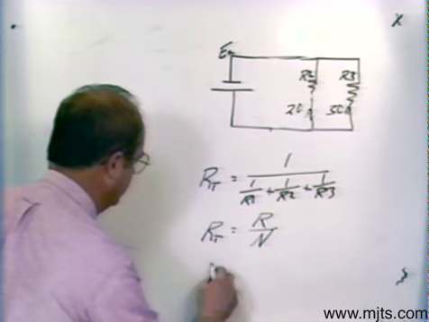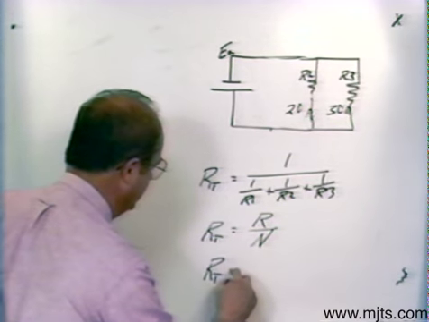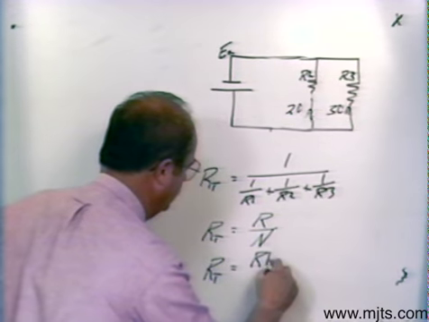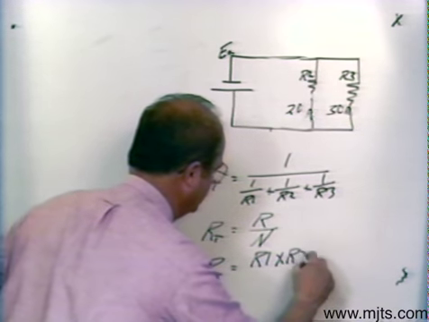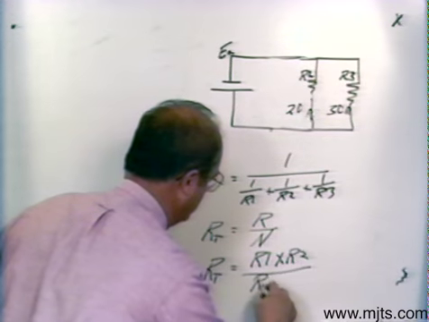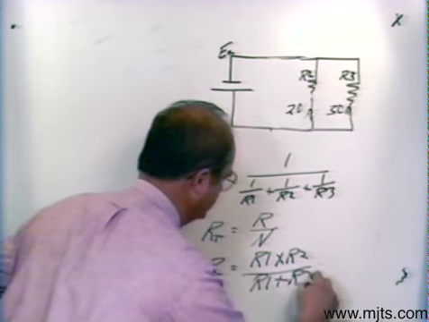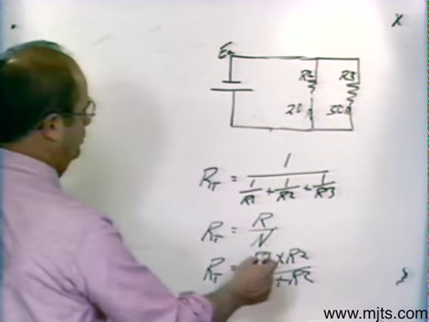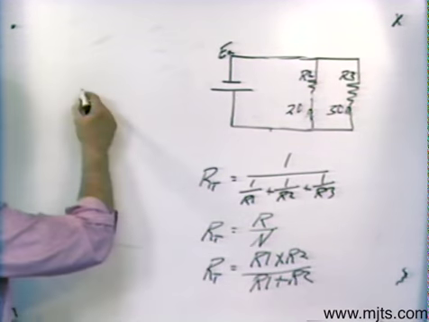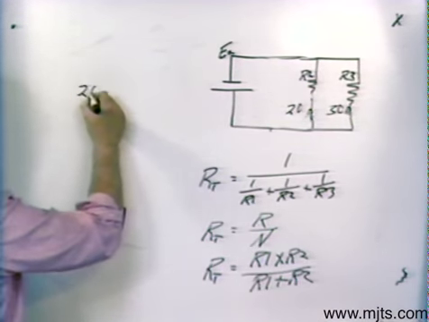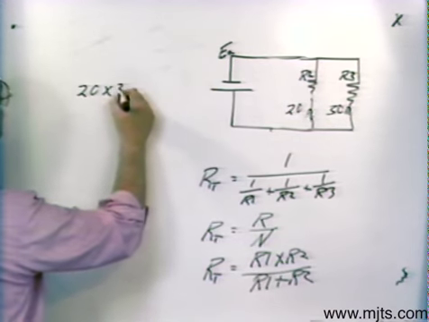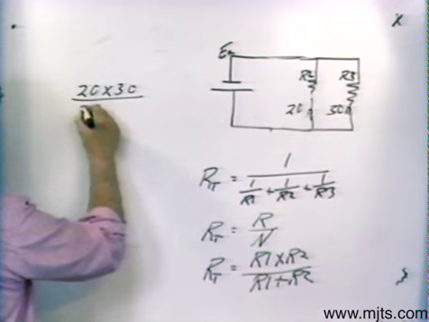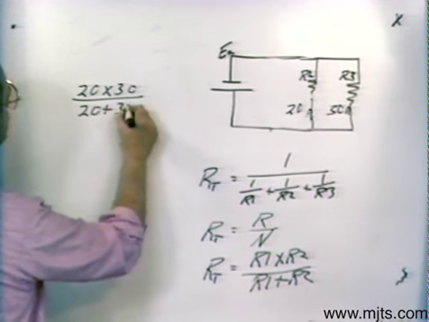And that formula would be like this. R sub T then is equal to R1 times R2 all over R1 plus R2.